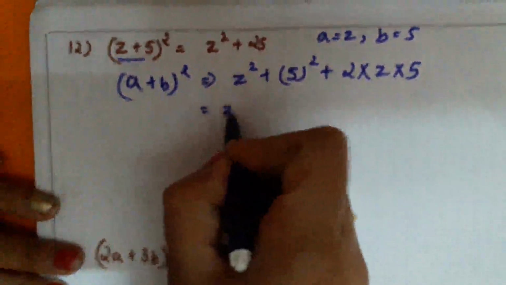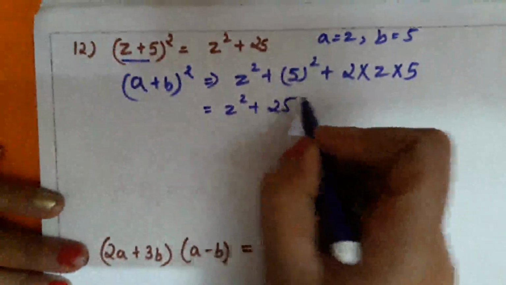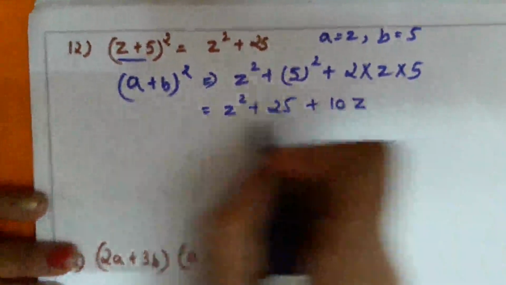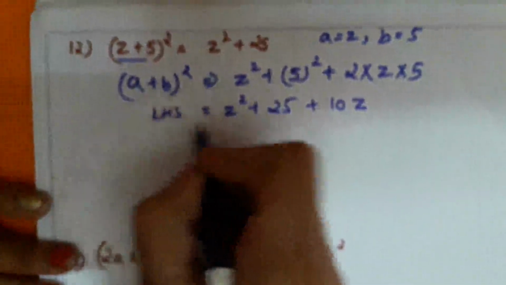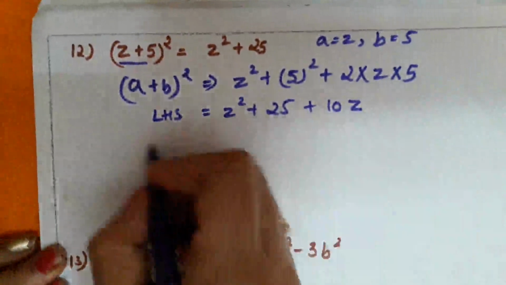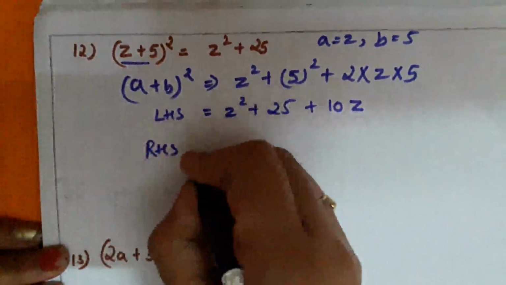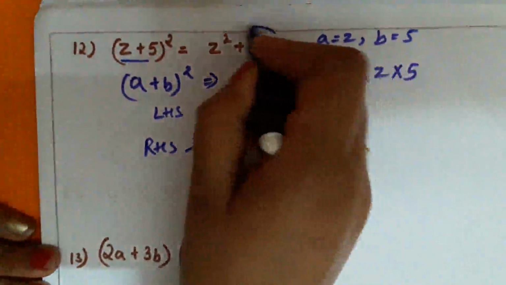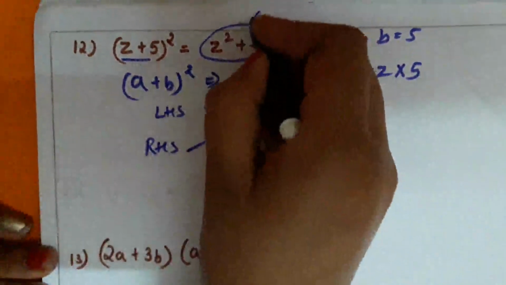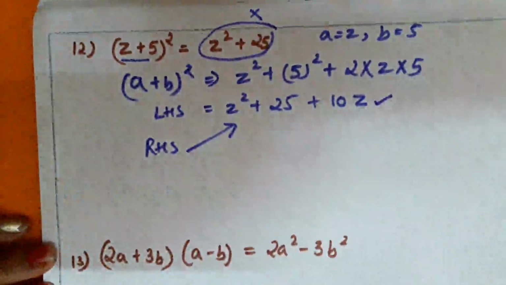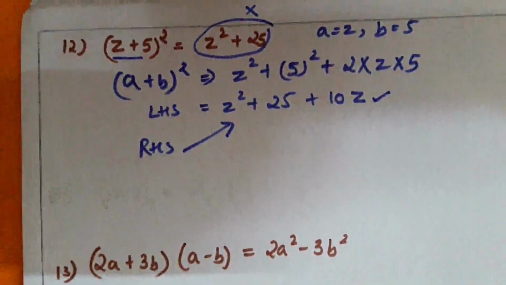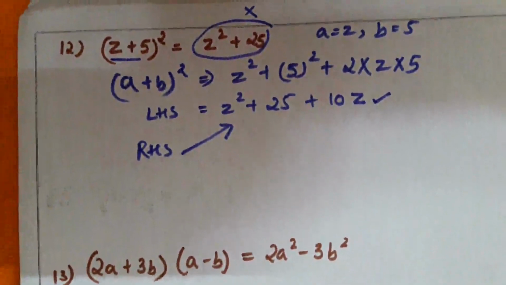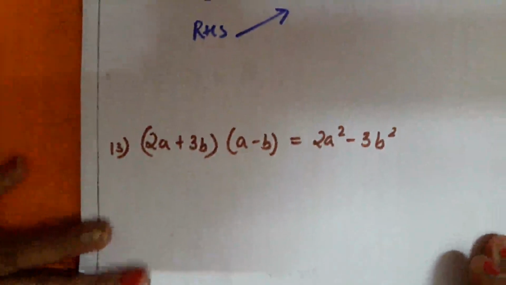So z square plus 25 plus 10z. So left hand side is equal to this. So in the rightmost side also we want this only. So this is the error here. Okay, so instead of this we want this in the rightmost side. After that only they should be equal to each other.